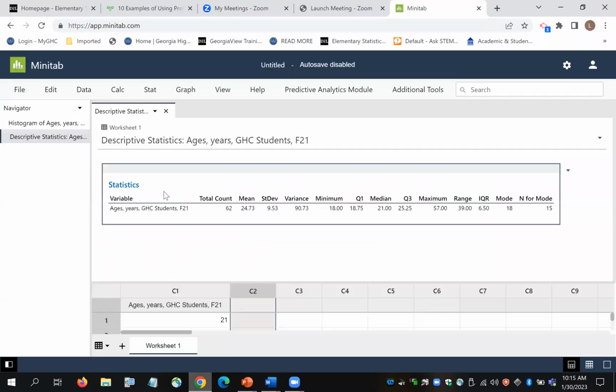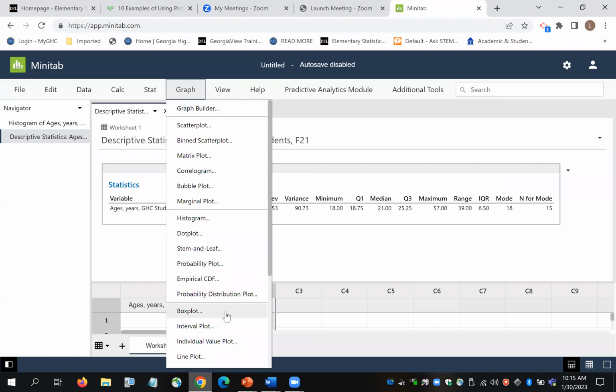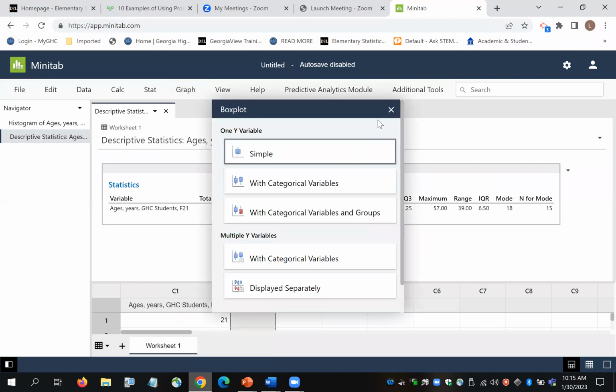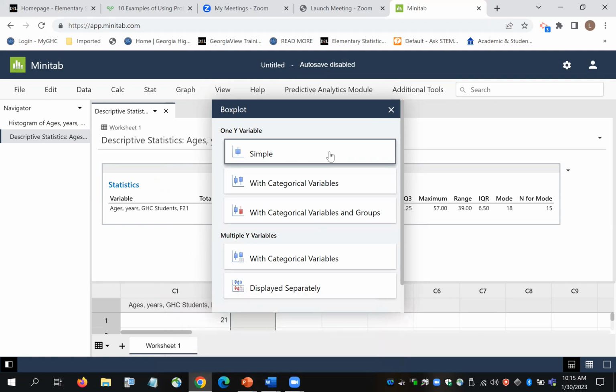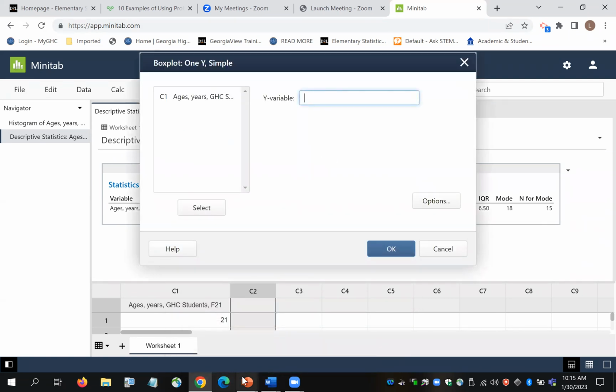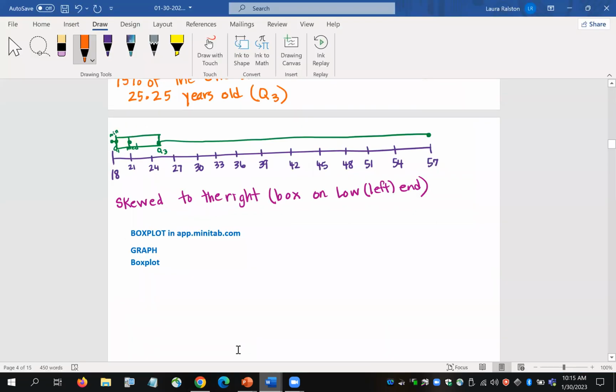I believe we're going to keep it simple, but let me double check. One variable Y, simple. We're going to keep it simple.